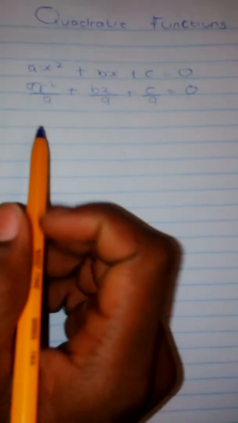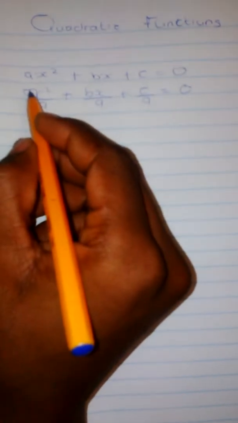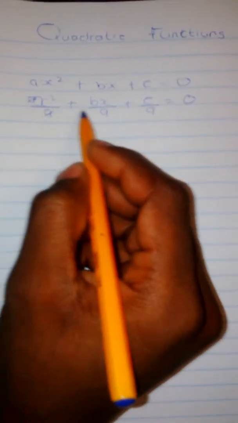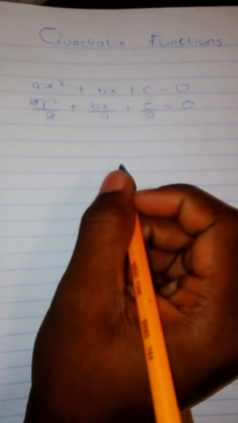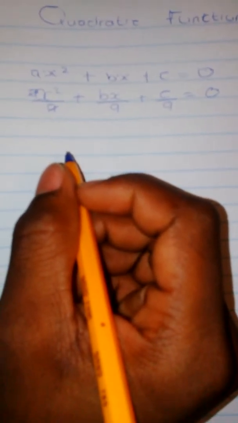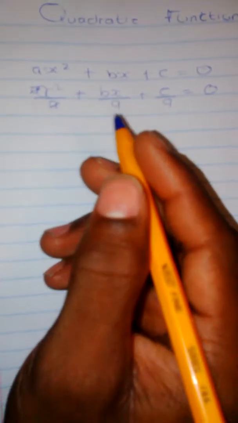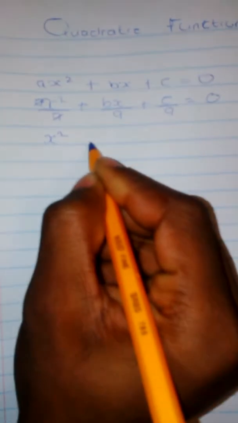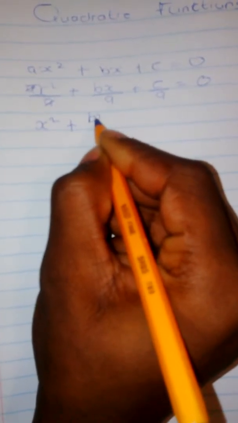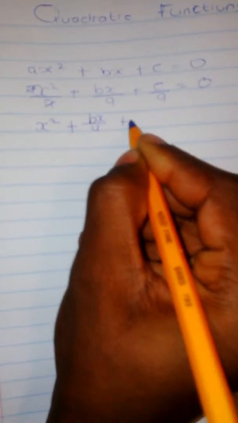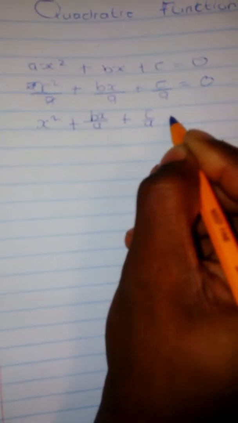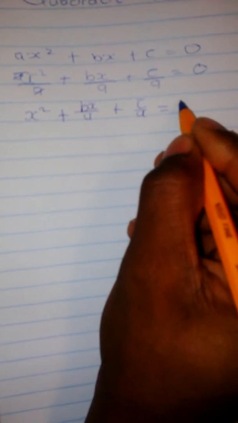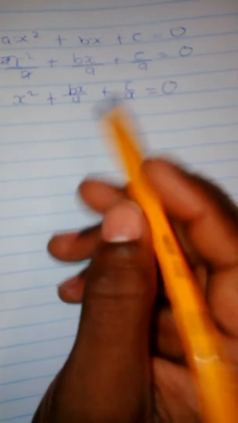Because we've divided by a, it cancels here, and at the other side it doesn't cancel, because they aren't like terms. They don't look the same. So the answer will be x squared plus bx all over a plus c all over a, which is equal to 0. So how do we go from here?